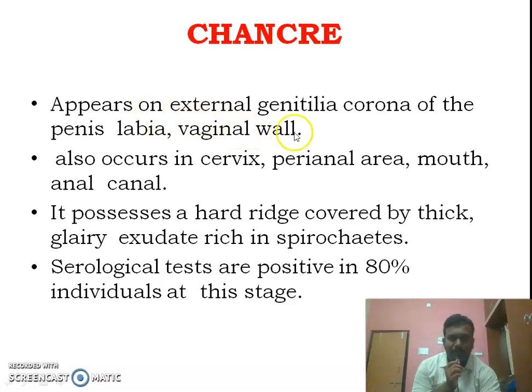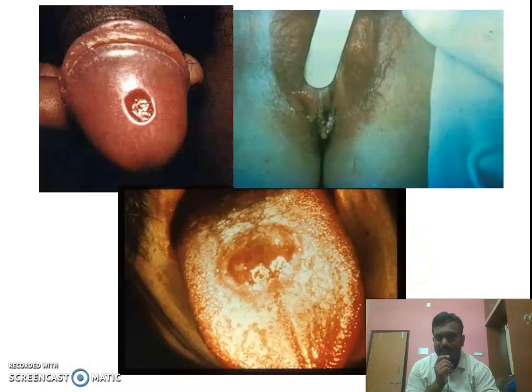It will be observed in the penile region, vaginal walls, cervix, perianal area, mouth and anal canal. It possesses a very thick, hard ridge with a glary exudate, and spirochetes come out of that canker. Serological tests are positive in 80% of individuals at this stage.